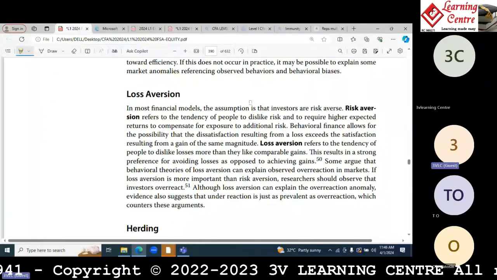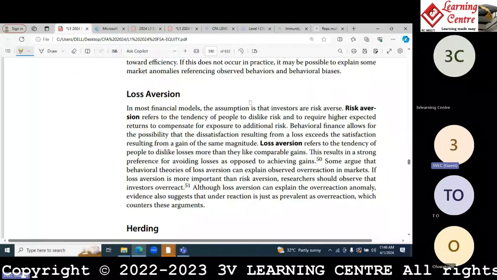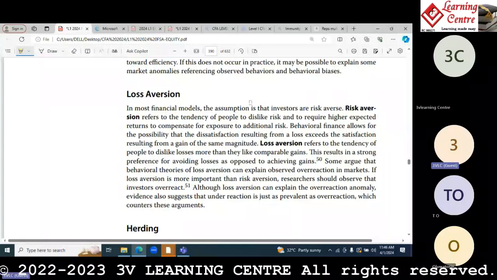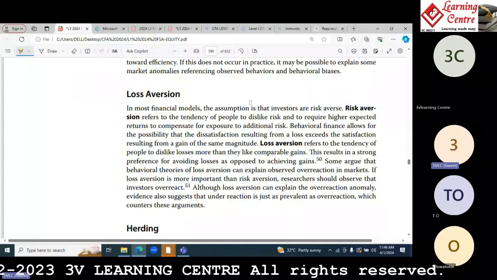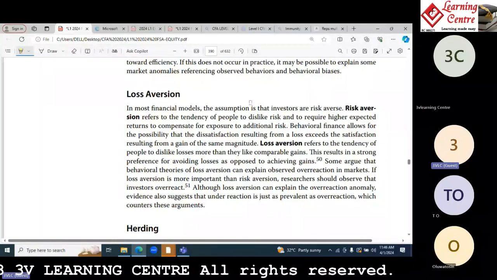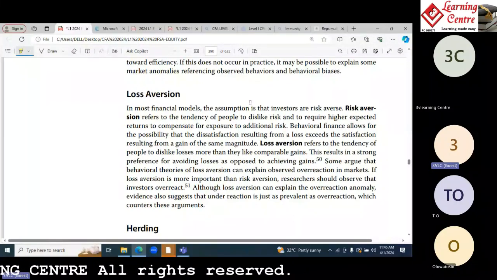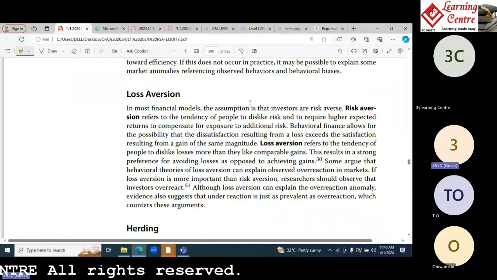However, the curriculum is saying, behavioral finance is saying, that no, investors are loss averse. They run away from loss. They do not run away from risk. They run away from loss. Investors dislike loss. So investors have a tendency of relating risk to loss.